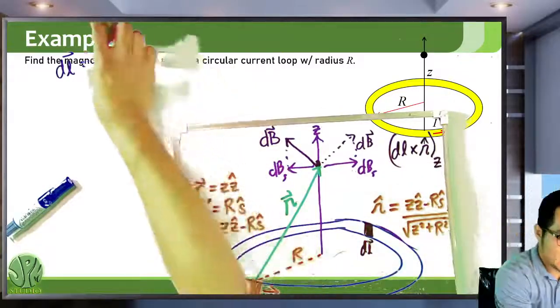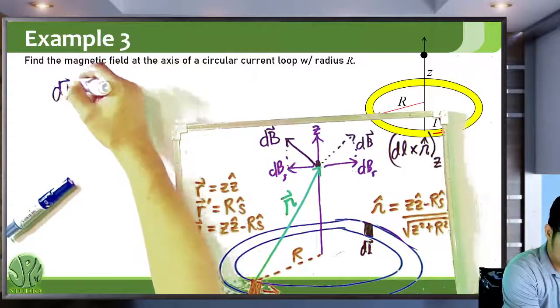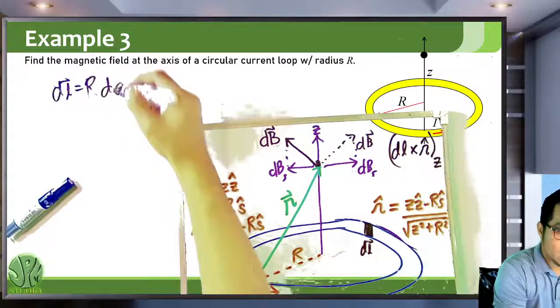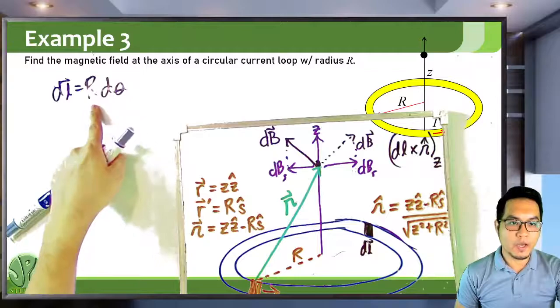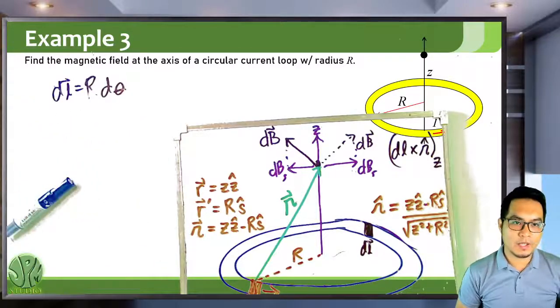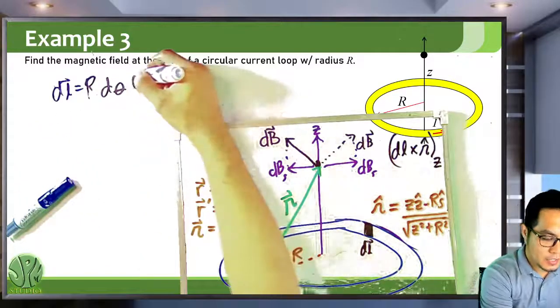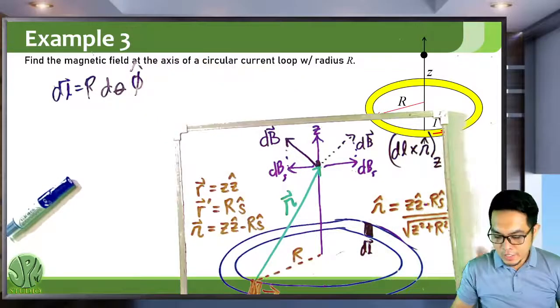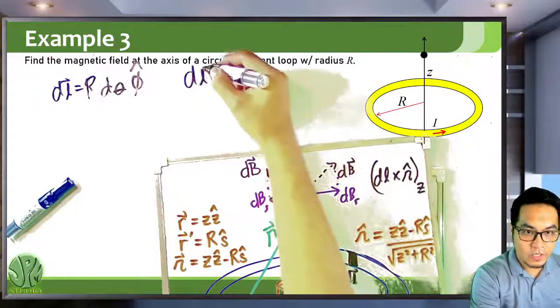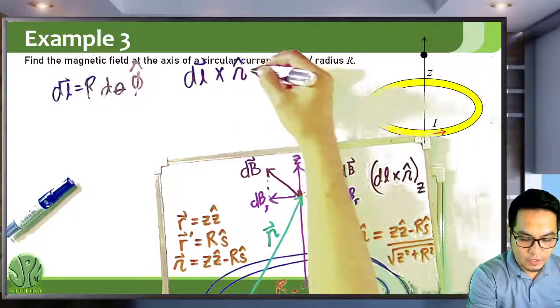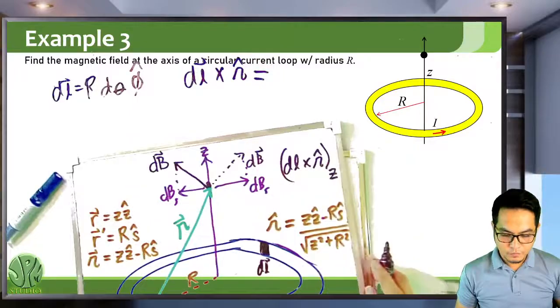So dl is actually r d theta, where theta is from 0 to 2 pi. So you will get 2 pi r if you want to solve the total length. So r d theta, and its direction is phi hat. So if you cross that with this one, you will have dl cross r hat. What do you get?